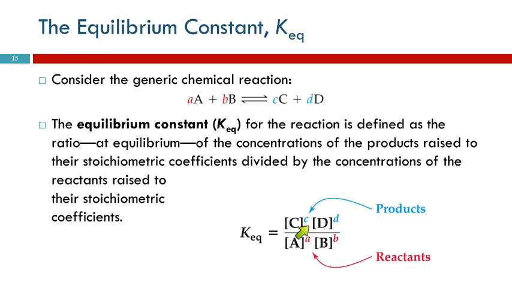So products times each other raised to the power of their coefficients divided by the reactants. So this sort of follows that pattern of final minus initial. Here it's final divided by initial, because I always had a hard time remembering which one goes on top. It's the products. Products on top, reactants on the bottom.